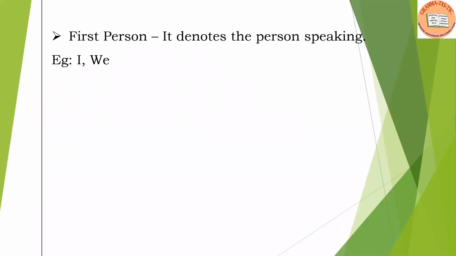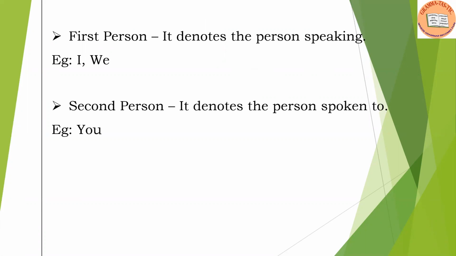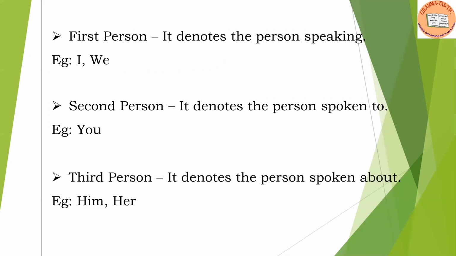First person denotes the person speaking, for example, I or we. Second person denotes the person spoken to, for example, you. Third person denotes the person spoken about, for example, him or her. So personal pronoun consists of 3 persons: first, second, and third.